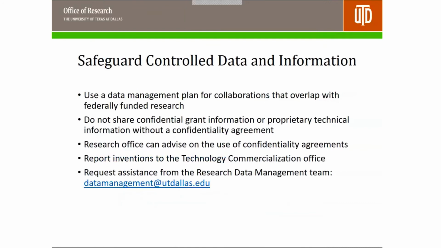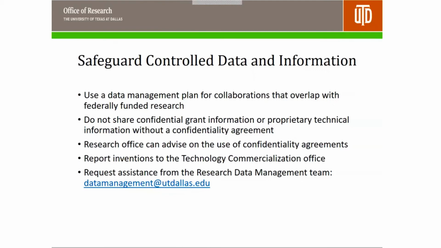The third way that you can protect yourself from the appearance of conflict of commitment and export control noncompliance is, if there is existing proprietary or confidential information that you have access to through university employment, to only share it when absolutely necessary, and to share it under an agreement with the other institution.